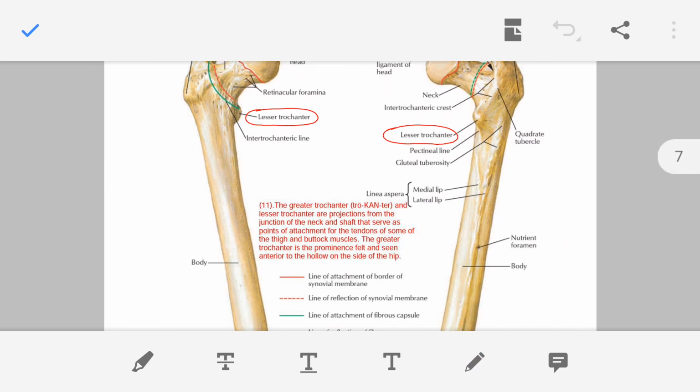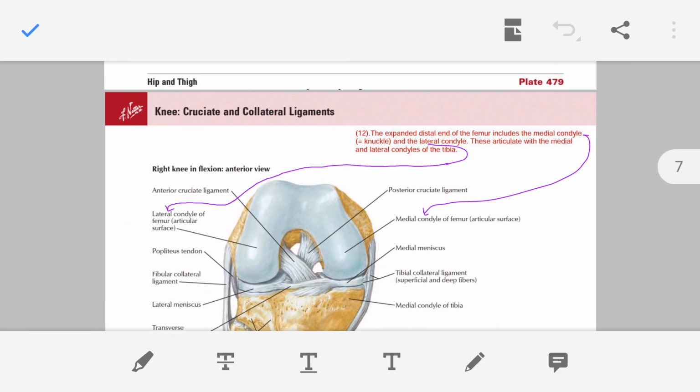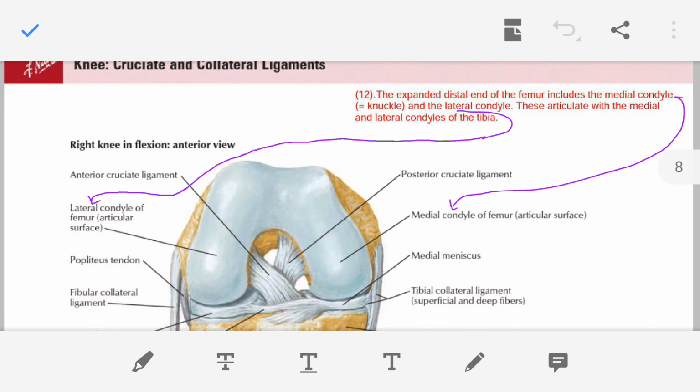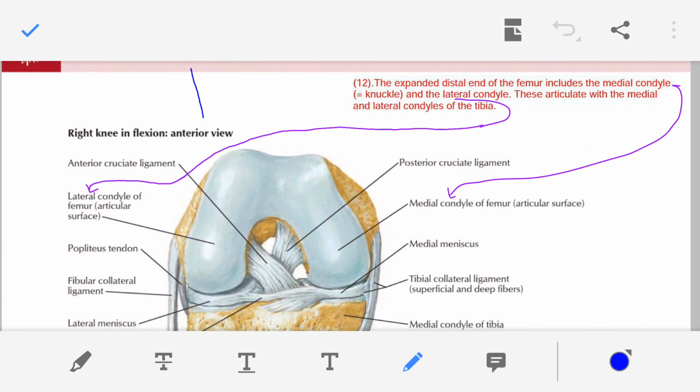Now moving on to the 12th point of our discussion. First of all, this is the distal part of the femur, and as you can see, the distal end is expanded.